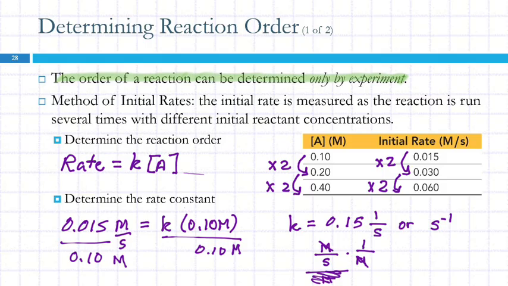So the rate constant isn't 0.15 over s, it's 0.15 over inverse, right? Well, it's 0.15 divided by seconds, or 0.15 times inverse seconds. It's confusing, huh? You familiar with hertz? A frequency measurement? Hertz is cycles per second, right?